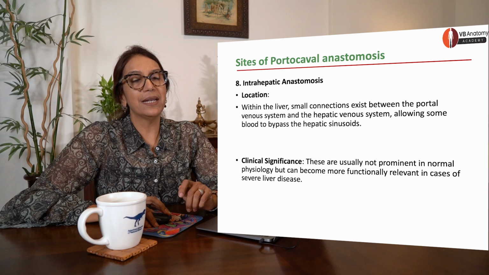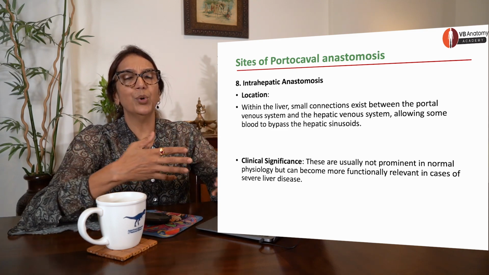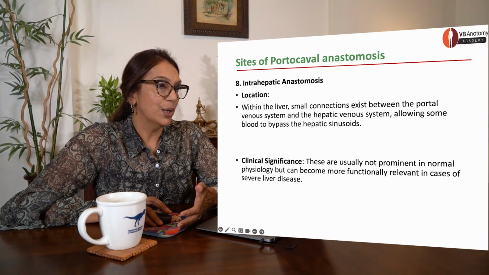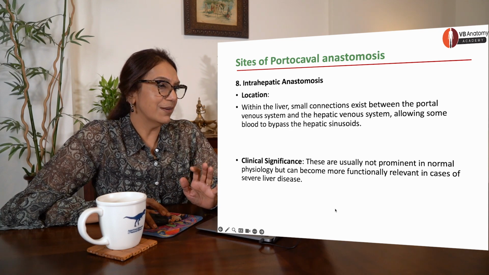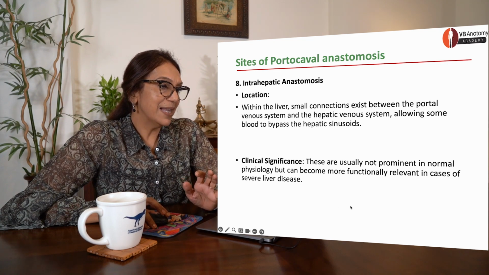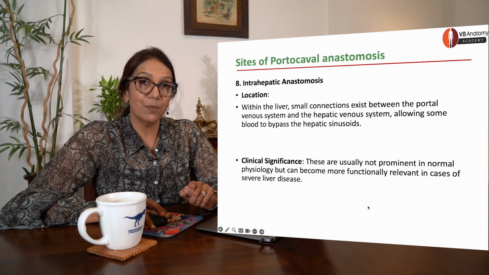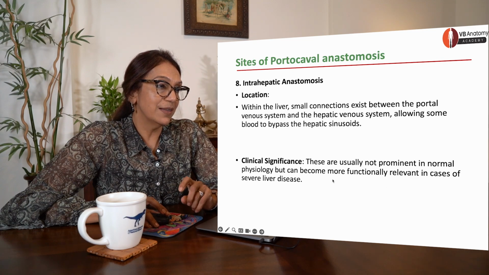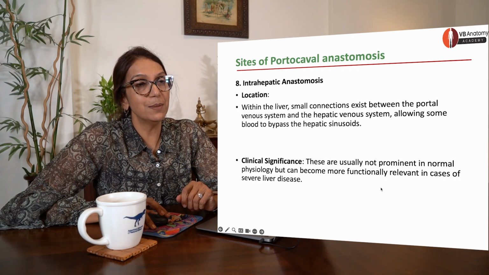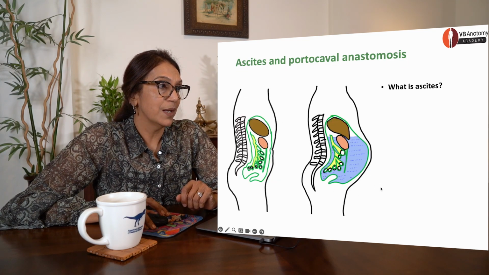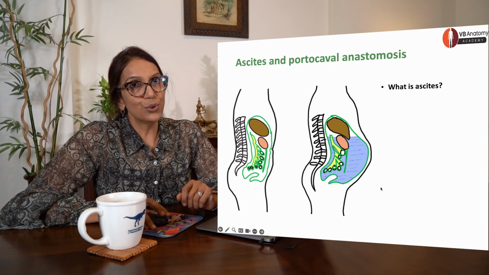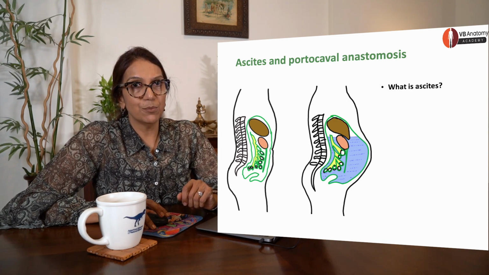Finally, intrahepatic. Within the liver also there is a portocaval anastomosis happening. Okay, it's usually not of significance, but when the liver disease becomes too much, then this anastomosis also becomes functionally relevant. A few terms you should know in relation to portocaval anastomosis.